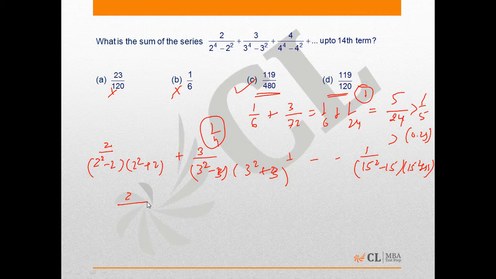Now first term can be written as 2 by 2 into 6. Next term is 3 by 6 into 12, and so on. And last term is 15 by 210 into 240.